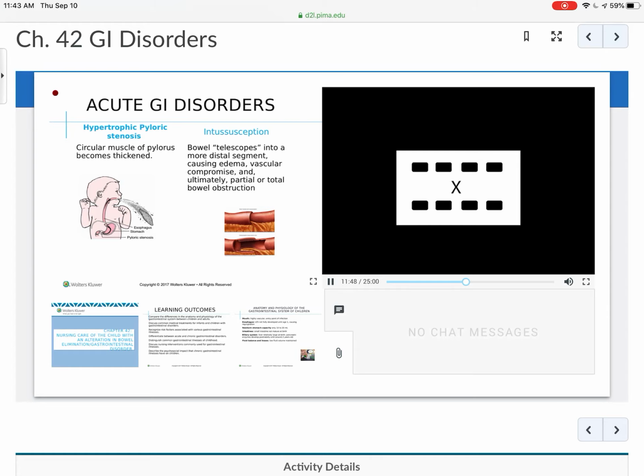Also, you can feel an olive-shaped mass where the thickening of the muscle is. They have non-bilious vomiting, so it hasn't reached the stomach yet, the liver, so non-bilious. And they would do a pylorectomy to cut that muscle and relieve that obstruction.